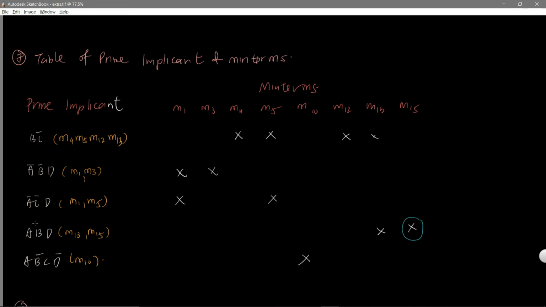So this one is necessary. We don't want to remove this. M12 is only represented by 1, so this is necessary. M10 is only represented by this one, necessary. M4 is only represented by this one. M3 is only represented by this one.